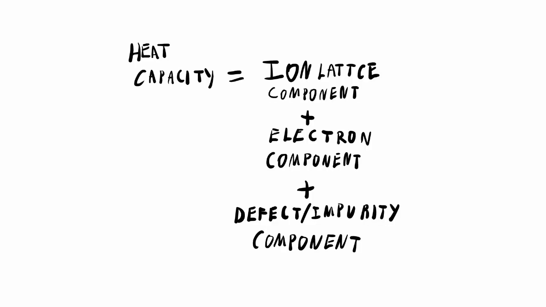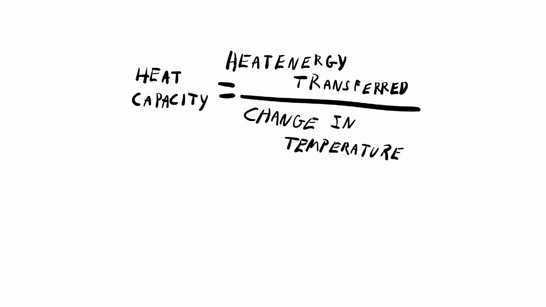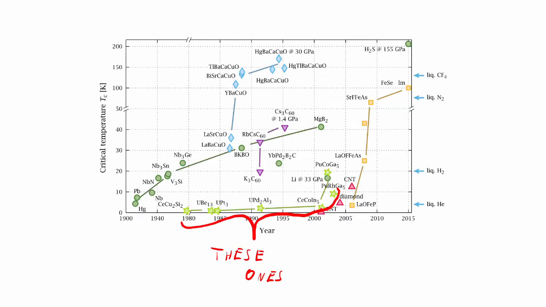And in heavy fermion materials, we see just that. The electron component of the material's heat capacity increases. And so while, in a superconducting phase, it would be difficult to identify a heavy fermion material by its resistance, we can instead look at the material's heat capacity. And yeah, heavy fermion superconductors are definitely a thing.